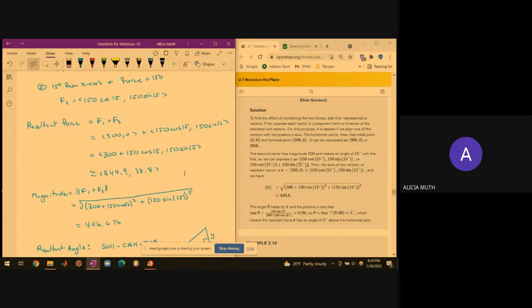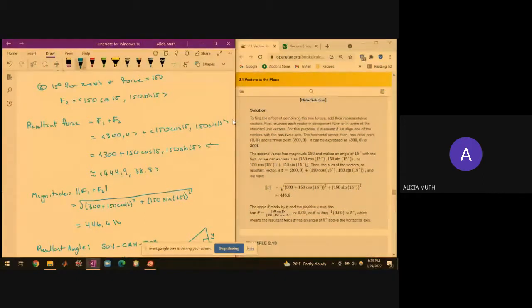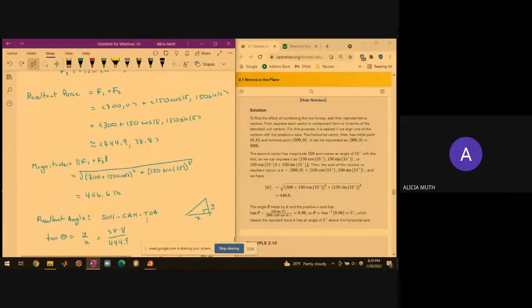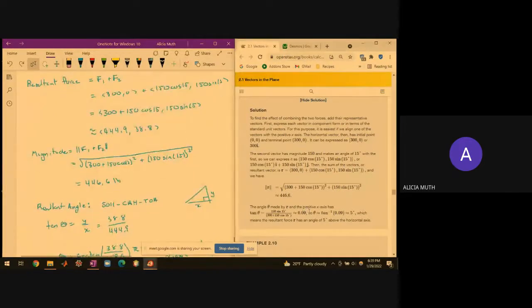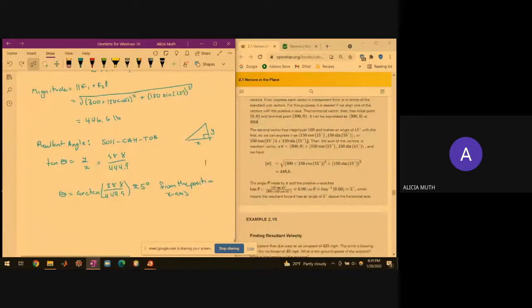So the 300 plus the 150, they didn't bother to simplify anything. And honestly, that's sort of my standard as well. If you had exams or anything like that and you left something like that, that'd be fine by me. That's more or less what I did here anyway. All right, they found the magnitude was 446.6, which corresponds with what we found, and that angle of 5 degrees. We've done it. All right, nice job. Let's try the next one.